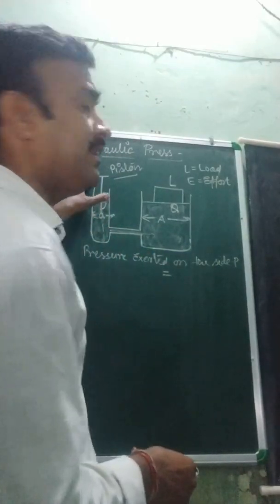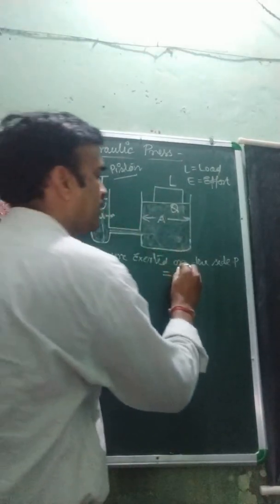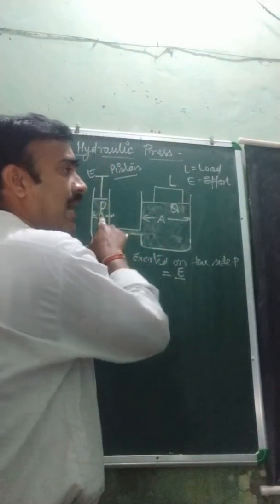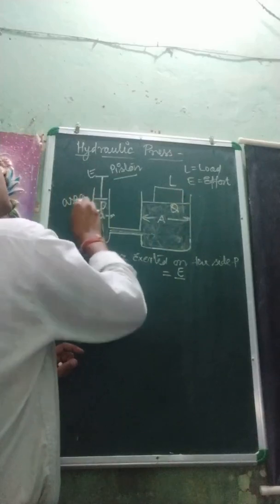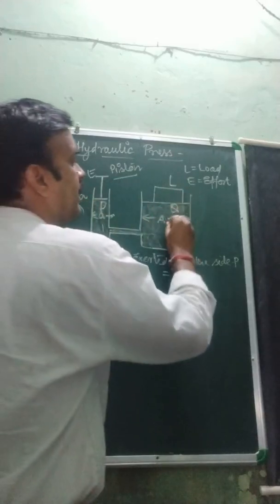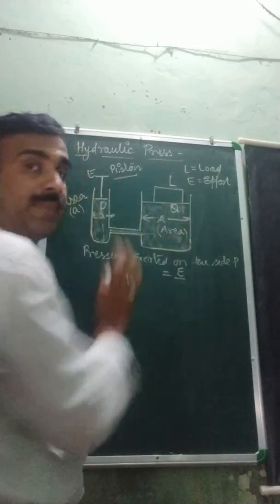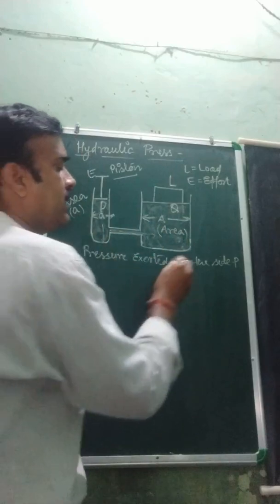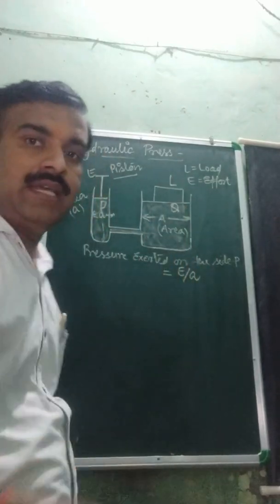Force is given in terms of effort, so effort E upon area. The area on this side is small a, and the area on this side is capital A. So pressure is E upon a.